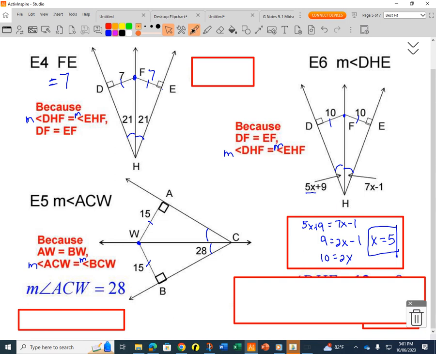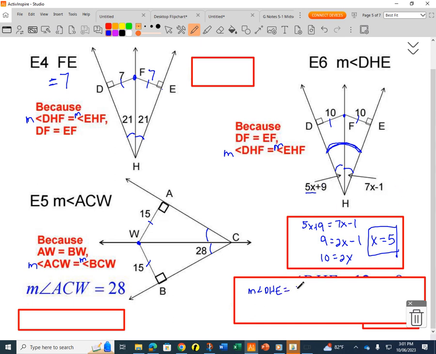We know that half of this angle, so angle DHE is this whole thing. This angle plus this angle equals the measure of angle DHE. So the measure of angle DHE equals this times 2 or this times 2.